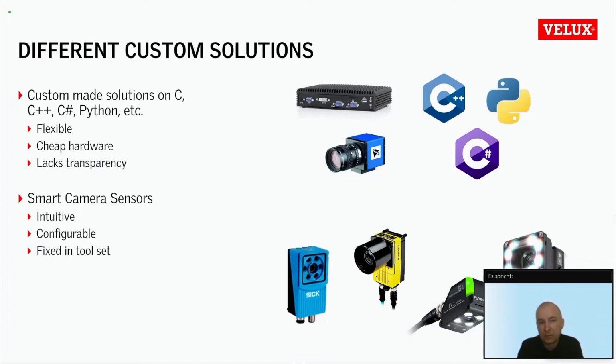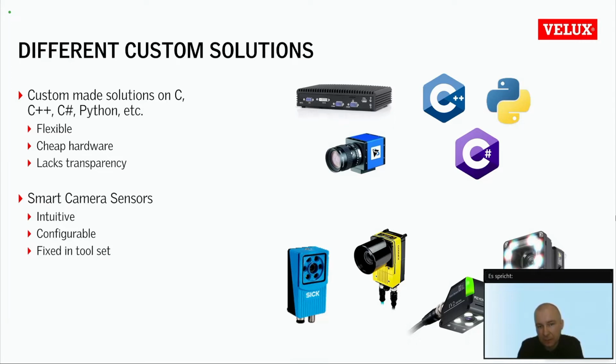These are really flexible, and in some cases it's also cheap hardware. But the solutions also lack transparency, in that they are compiled languages, or the vendor or the programmer is often sitting on the license of the code. So the solution in many cases lives as long as the person who has made it lives.